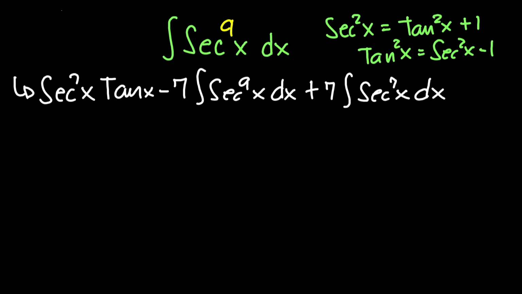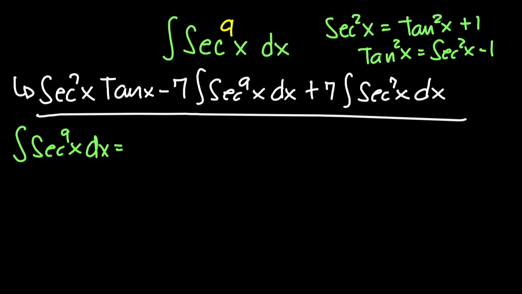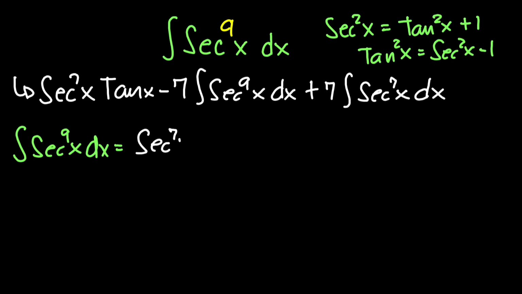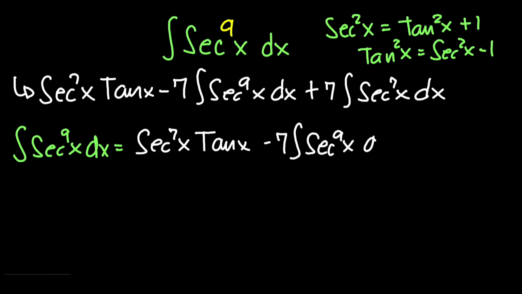And so we can say that the integral of secant to the power 9 of x of dx is actually equated to this function. And the reason why we would need to equate this to each other is in order to get rid of this value right here.